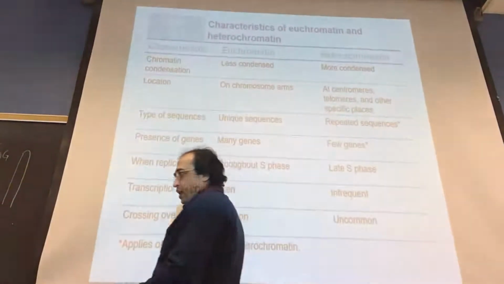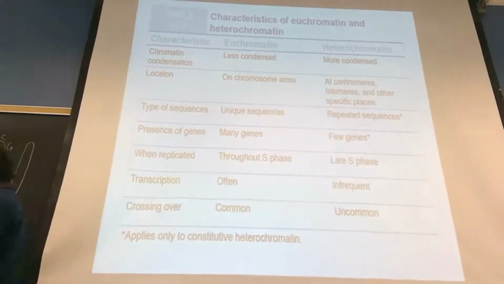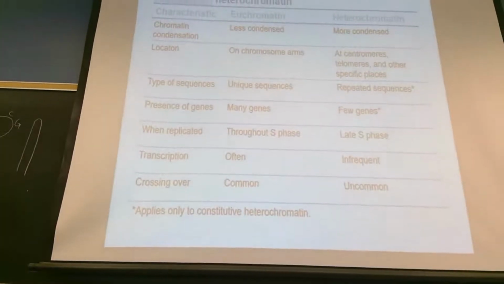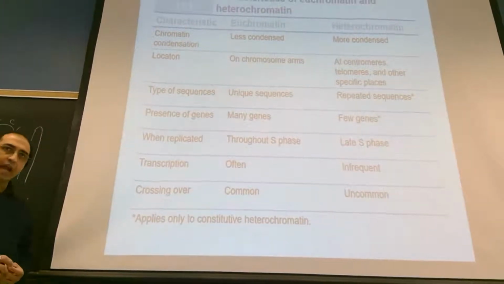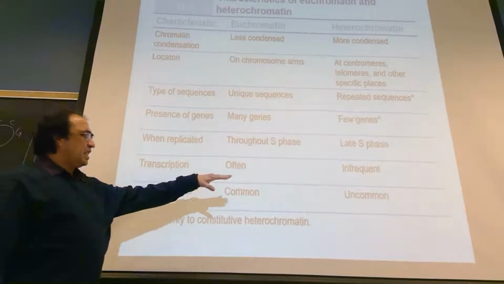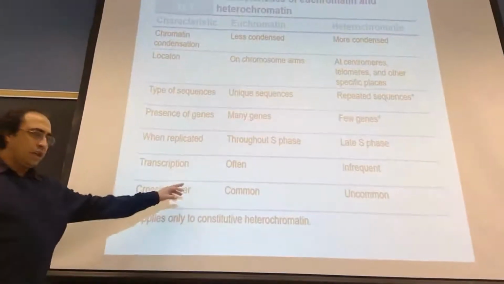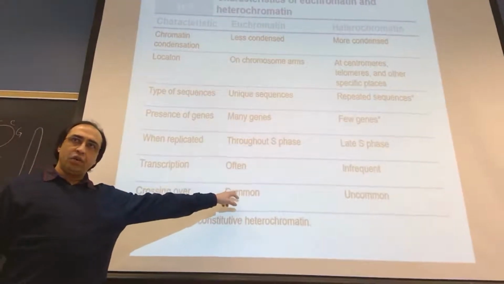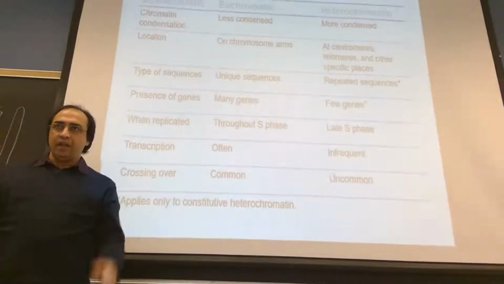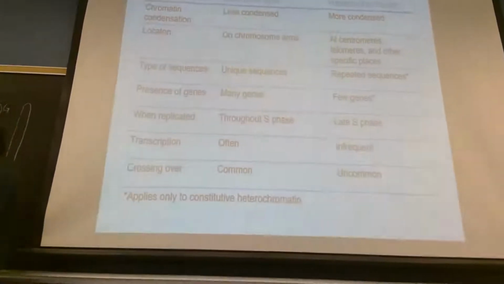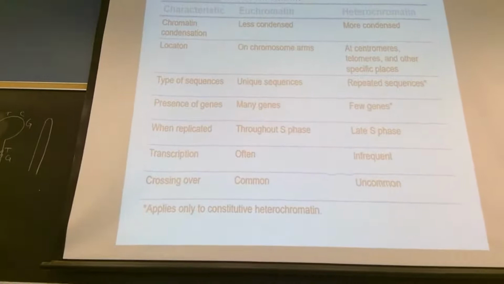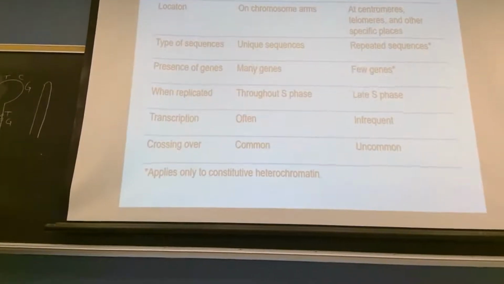Transcription is more frequent in the euchromatinized part. In heterochromatin, if there are active genes they can transcribe, but it is infrequent. Crossing over is more common in euchromatin because it is more open and sensitive to breaks, but heterochromatin is tightly coiled, so there is no such break there.